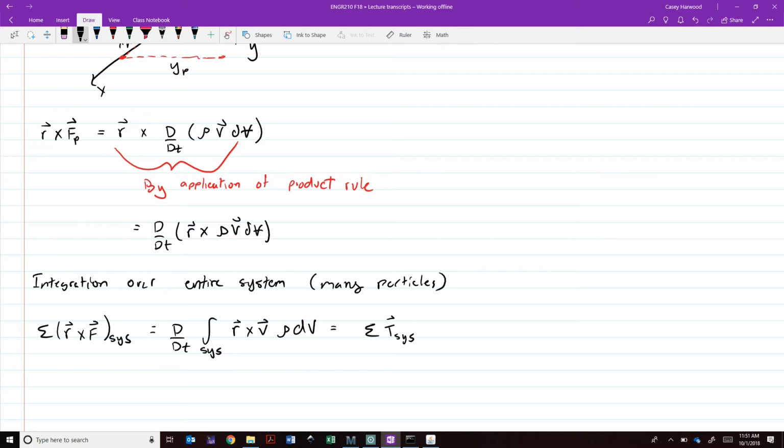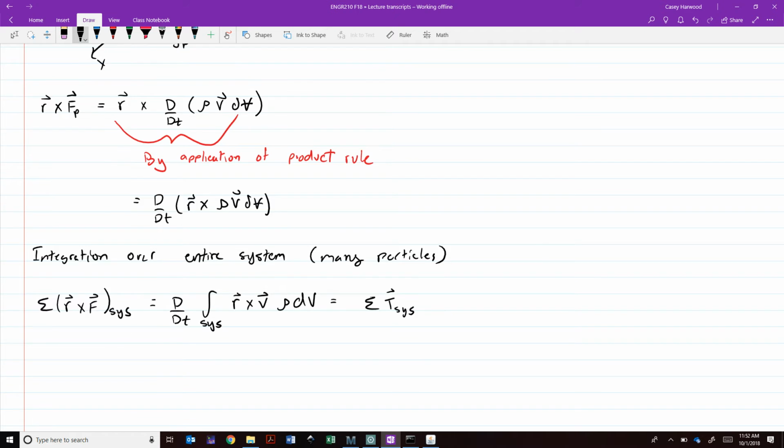So now what we're seeing is an expression saying that the sum of torques on a system is equal to the time rate of change of angular momentum of the system. So we have our rotational equivalent to Newton's second law.